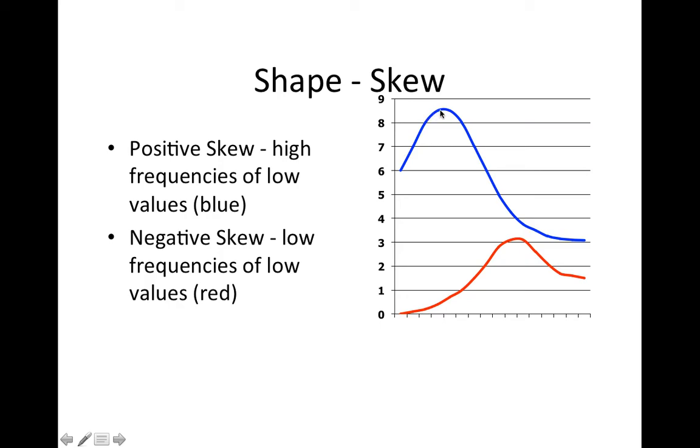So if you're rolling down the hill, getting faster and faster, this is the positively skewed distribution. As you're rolling down, you get faster. This distribution, you're rolling, but you're slowing down. This is the negatively skewed distribution. Maybe that's a stupid mnemonic, but it's the way I remember the difference between positive and negative skew.